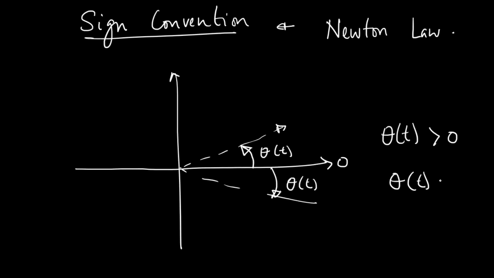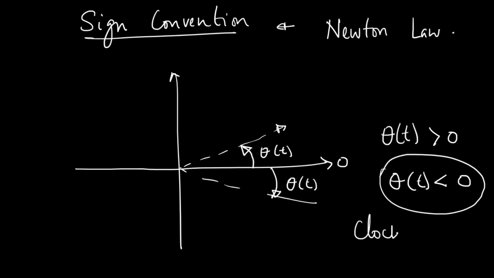So when somebody says theta is minus something, you will immediately interpret it as a clockwise rotation. So here you go. I think this is clockwise, and this is anti-clockwise.